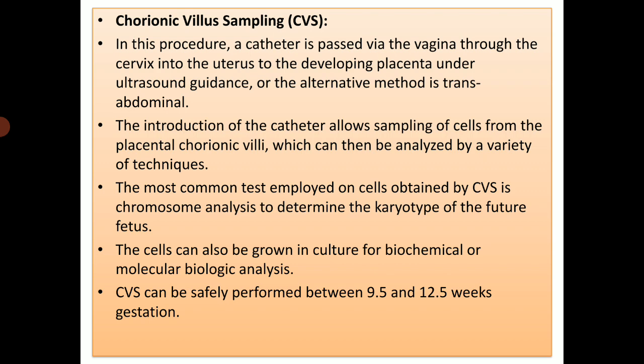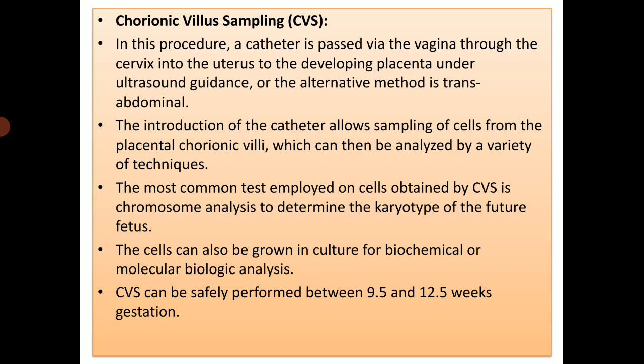In this procedure, a catheter is passed via the vagina and through the cervix into the uterus to the developing placenta under ultrasound guidance, or the alternative method is transabdominal. Okay. The introduction of the catheter allows sampling of cells from the placental chorionic villi, which can then be analyzed by a variety of techniques.